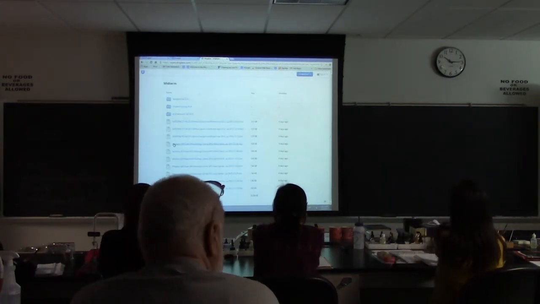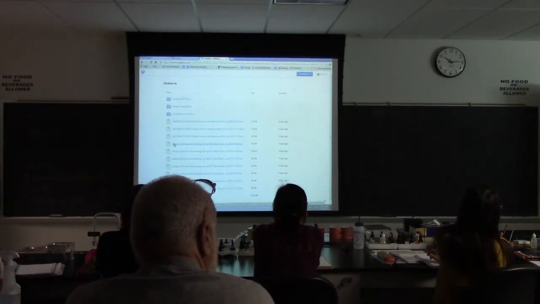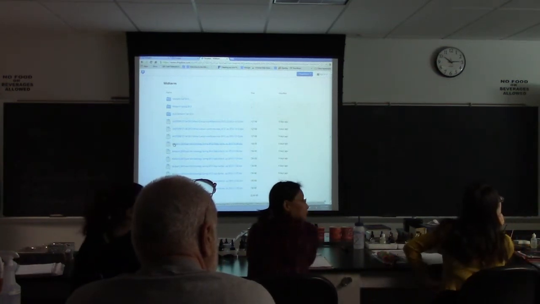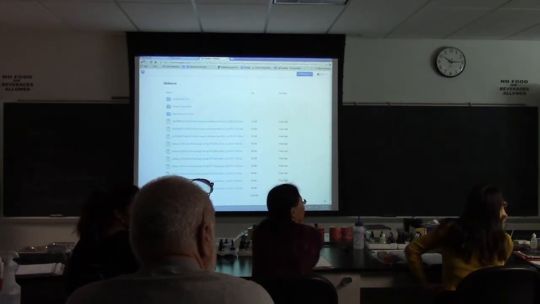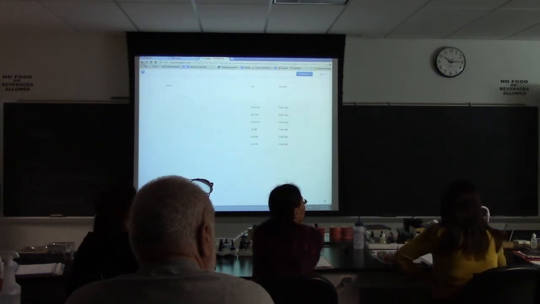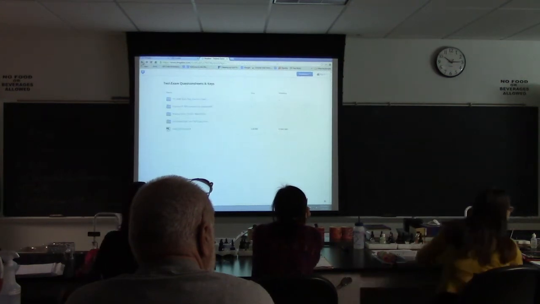For the colony morphology, when you talk about the different descriptions, where can we find that? Yes, okay. I'll show you. Colony morphology descriptions.